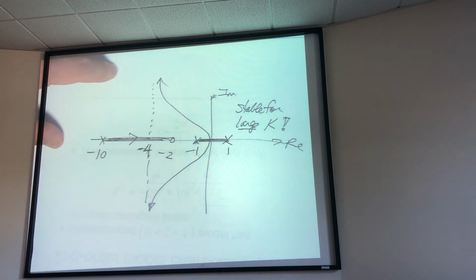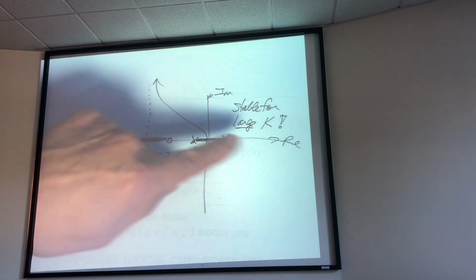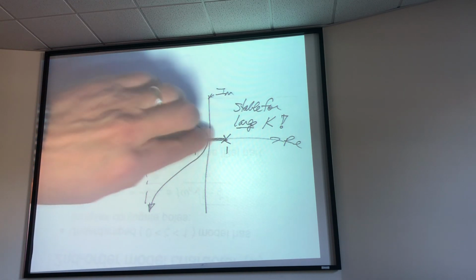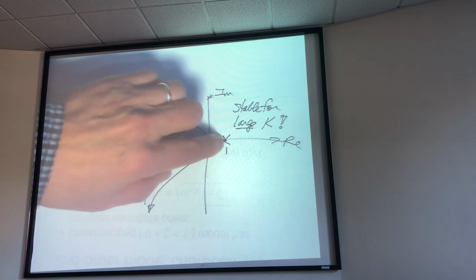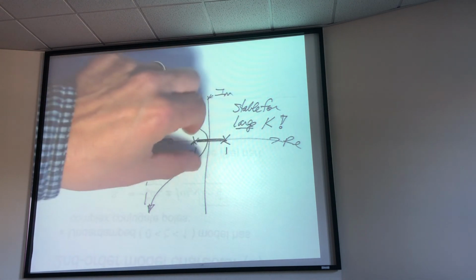So this is a control system that is stable only when the gain K is large enough. Because this locus here is in the right half plane. So when the gain is low, you're going to have a pole in the right half plane. But when the gain increases, the loci move over into the left half plane.